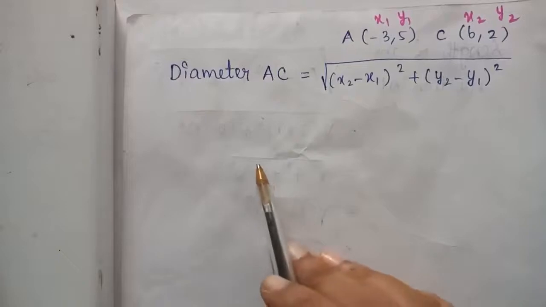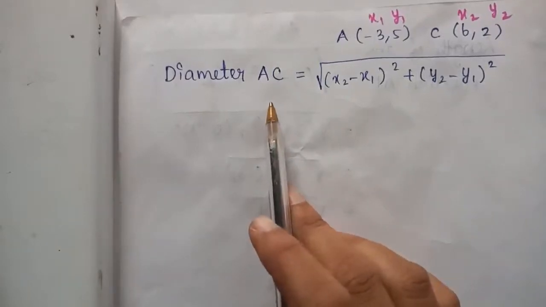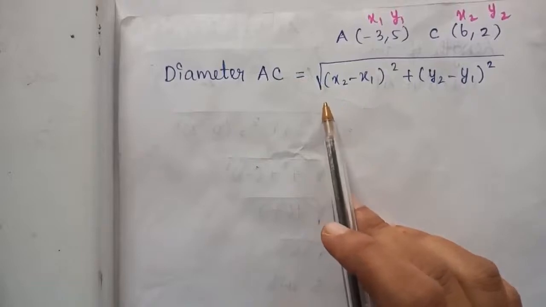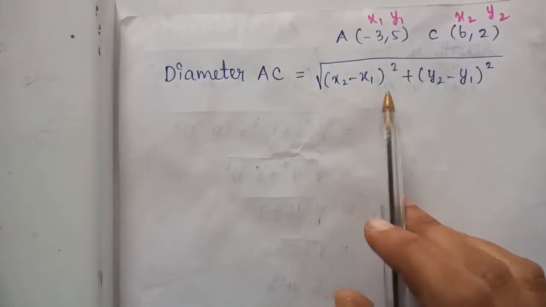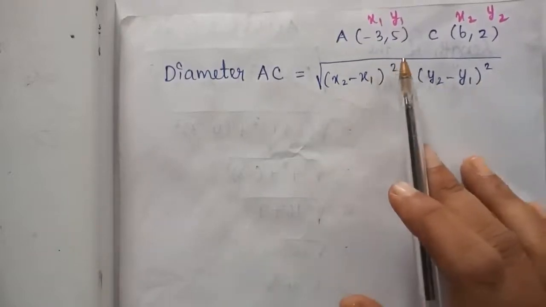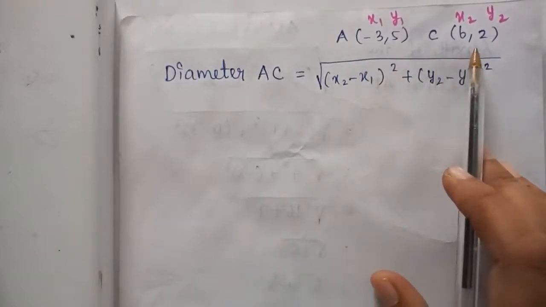Next you have to find the diameter of the circle. Diameter AC is equal to, using the distance formula, root of (x2 minus x1) the whole square plus (y2 minus y1) the whole square. The point A is (-3, 5) and C is (6, 2).